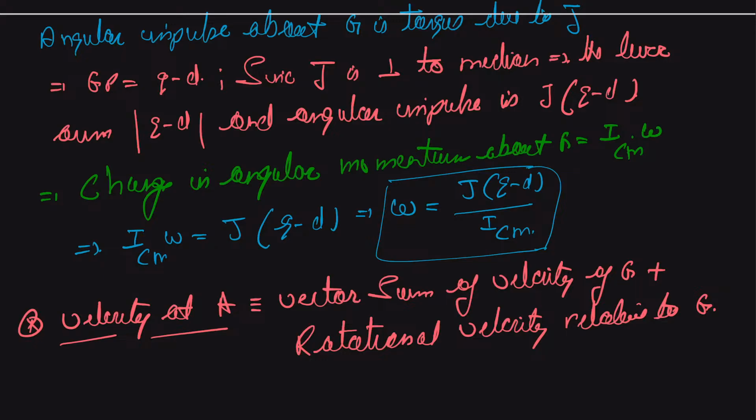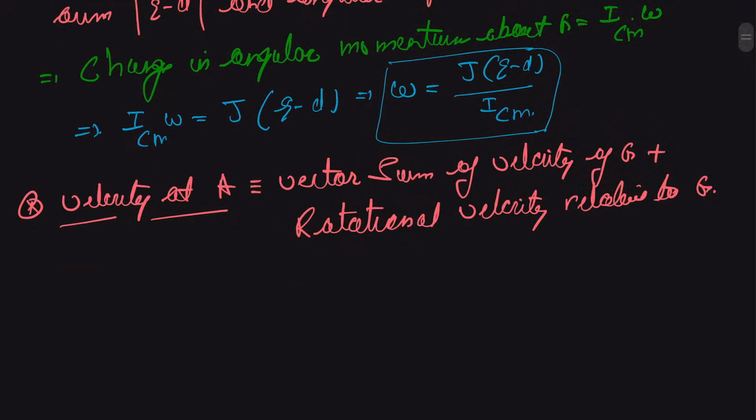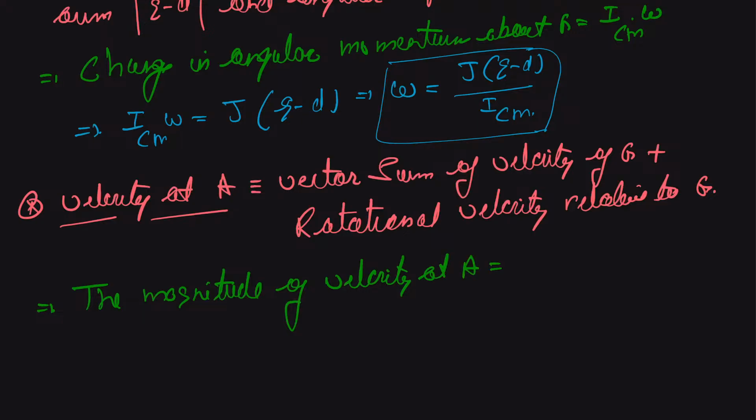Therefore we can write that the magnitude of velocity at A, let us call this VA, will be equal to the velocity of our center of mass, that is VG, and that is omega multiplied by d, because the distance between point A and G is d.